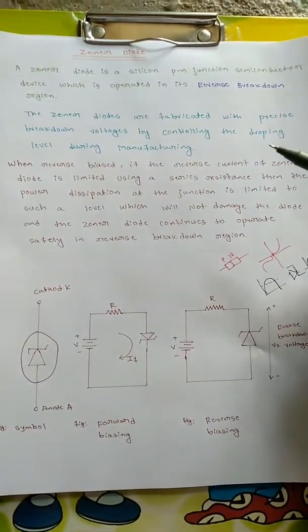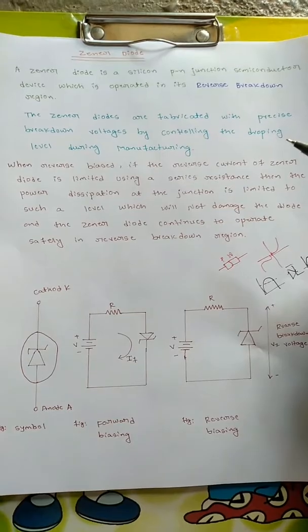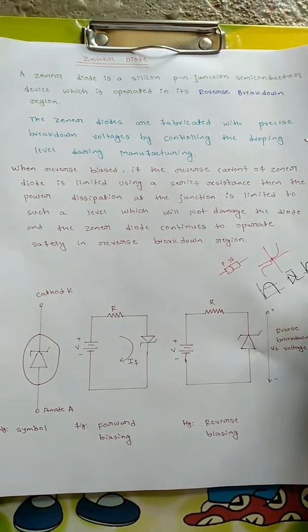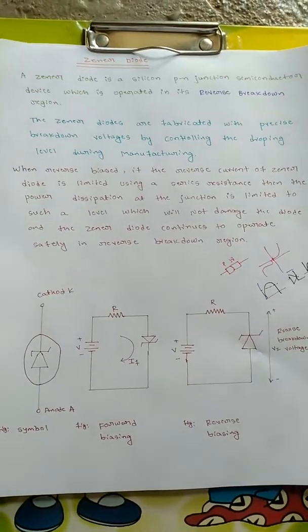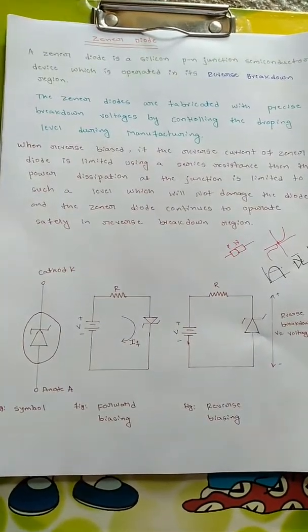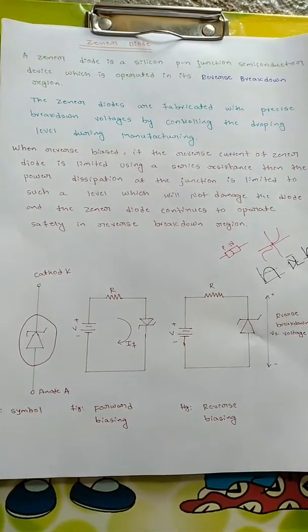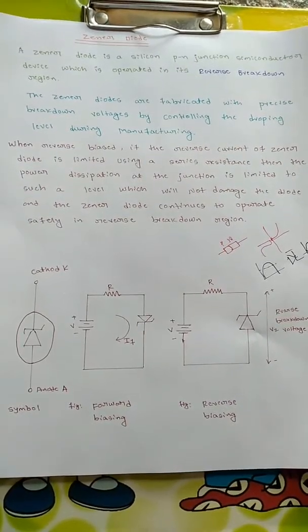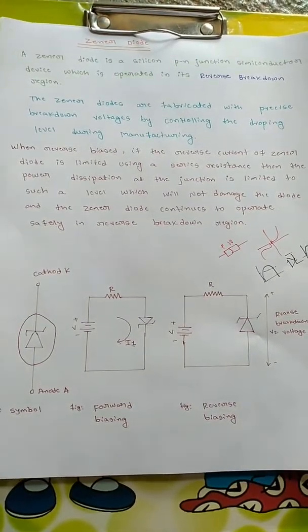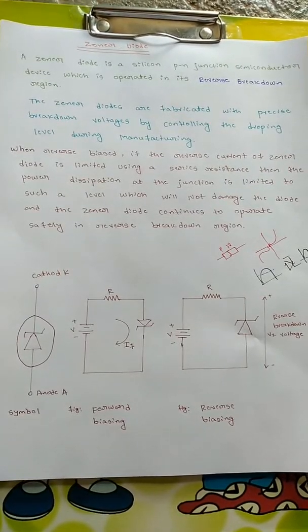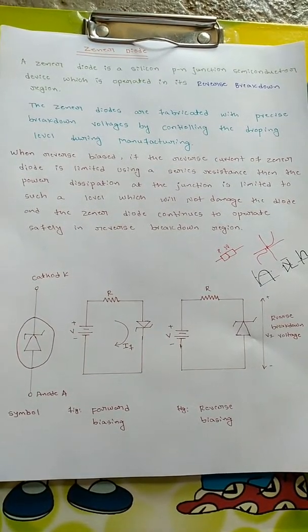Zener diodes are fabricated with precise breakdown voltages by controlling the doping level during manufacturing. When reverse biased, if the reverse current of the Zener diode is limited using a series resistance, then the power dissipation at the junction is limited to a level which will not damage the diode, and the Zener diode continues to operate safely in the reverse breakdown region.